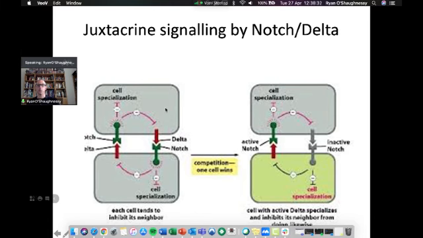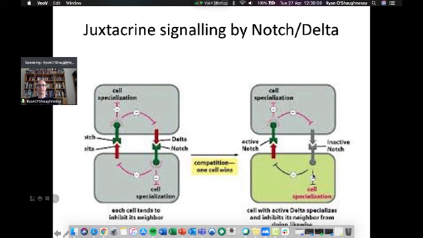All these cells have the capability of signaling Notch delta, but as soon as one of them actively signals, this cell becomes specialized and then inactivates its Notch signal so that other cells cannot adopt the same fate. And this is the key process of juxtacrine signaling by Notch delta.